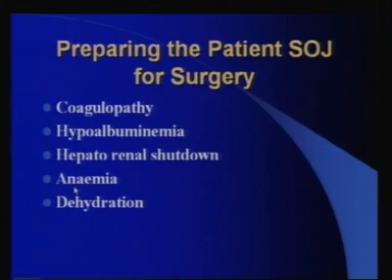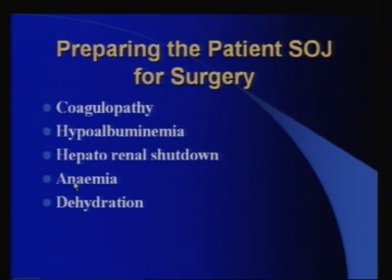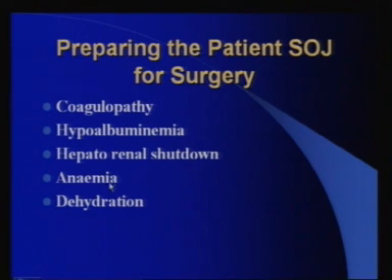Then again, these patients are anemic for various reasons, and one of the most important reasons is that their intake after they have been stricken with the disease is low, and they are not in an ideal metabolic state either. So these patients are likely to be anemic, and their anemia should be corrected before surgery.